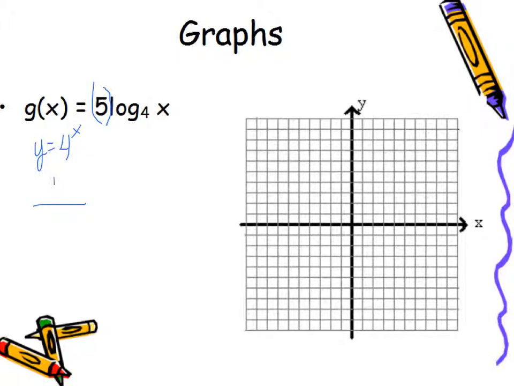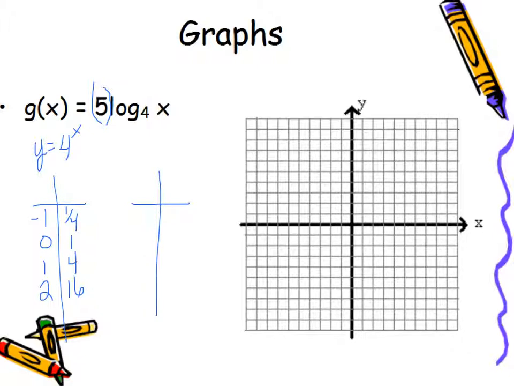And let's make up a quick little table. If I plug in a negative 1, I'd have a 1/4. If I plug in a 0, I'd have 1. 1, 4. And if I plug in a 2, I'm already way off my graph. And that typically happens. There's really not a lot of points to plot on these because they get big pretty fast.